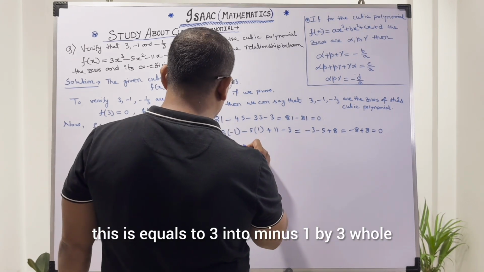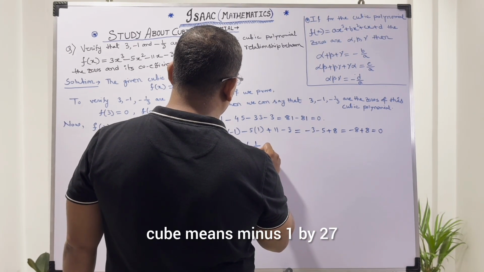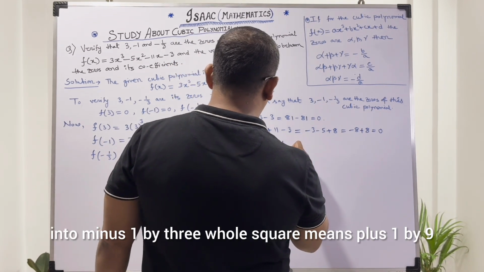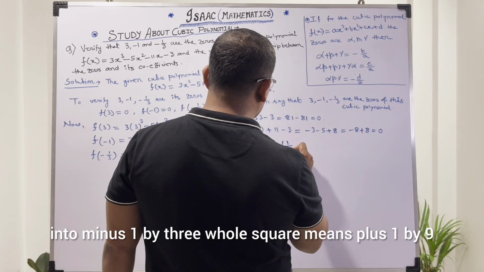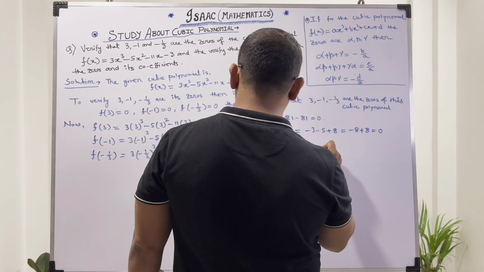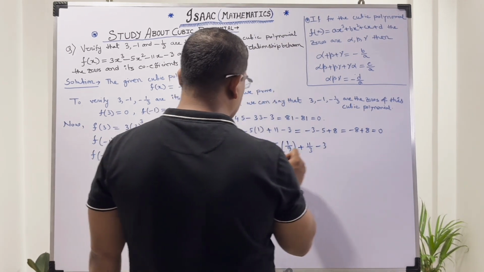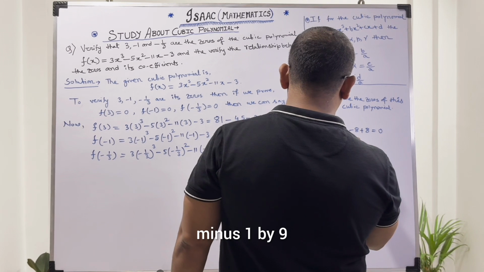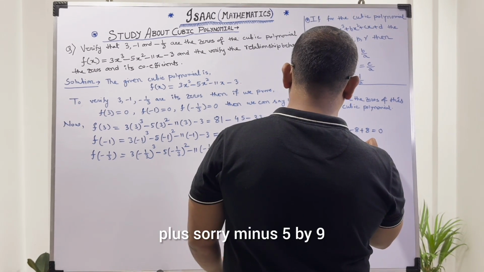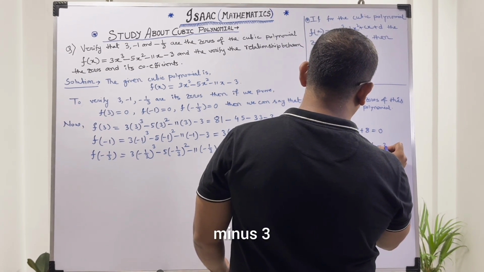This equals 3 into minus 1 by 3 whole cube, which means minus 1 by 27, minus 5 into minus 1 by 3 whole square, which means minus 5 by 9, plus 11 by 3 minus 3.